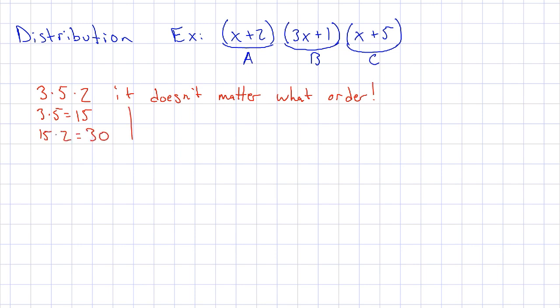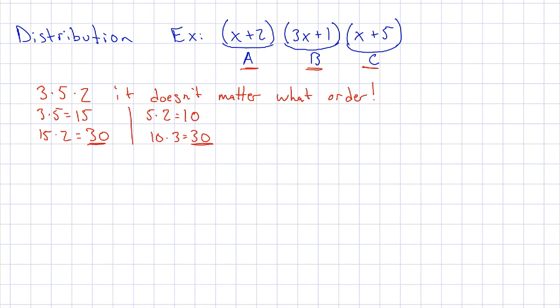What if I do 5 times 2? Well, that's 10, and then 10 times 3 is 30. So no matter what order we multiply numbers in, we always end up with the same value. And that's going to be true of our A, B, and C here as well.